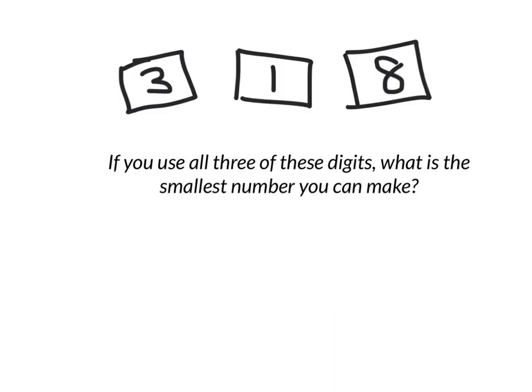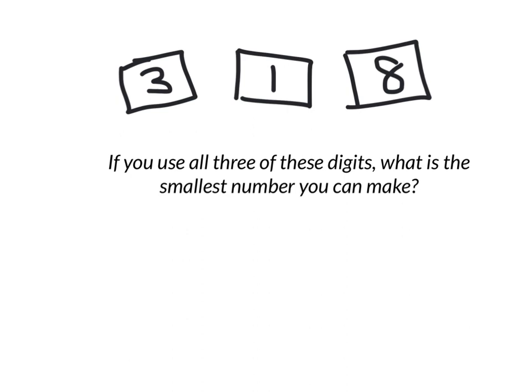First, let's take a look at these three numbers, 3, 1, 8. If you use all three of these digits, what is the smallest number you can make with them? Go ahead and write the answer on your board.